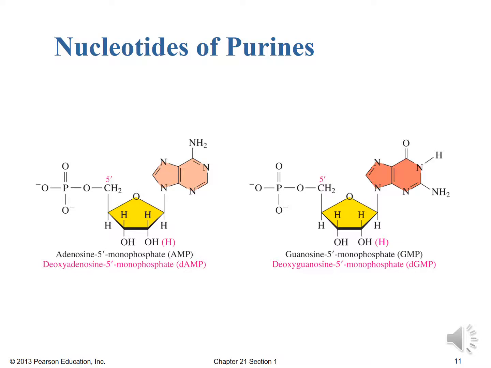If we look at our other purine, we have guanosine 5 prime monophosphate from guanine, and then in this case ribose and the phosphate formed by the phosphoester bond. Or if that OH group down at the bottom of the pentose is replaced with a plain old H, we have deoxyguanosine 5 prime monophosphate, or dGMP as it's more commonly known.